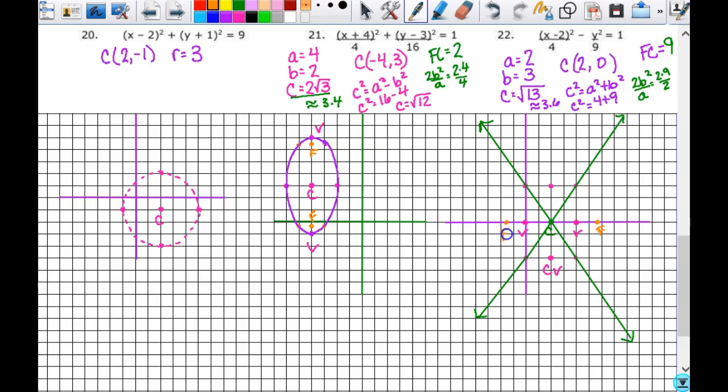That's another focus. Okay, so the endpoints of my focal chord, you have to plot these points. The focal chord length is 9, which means I go 4.5 on each side. So 1, 2, 3, 4.5-ish.